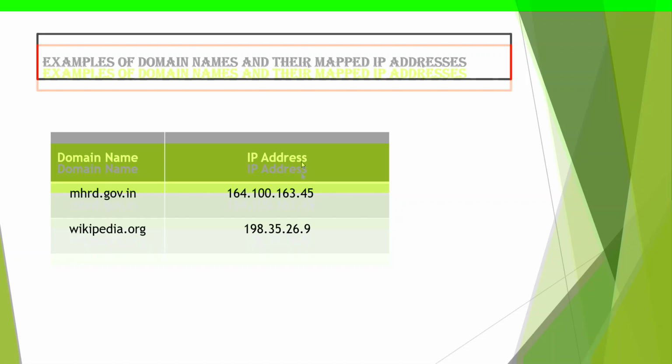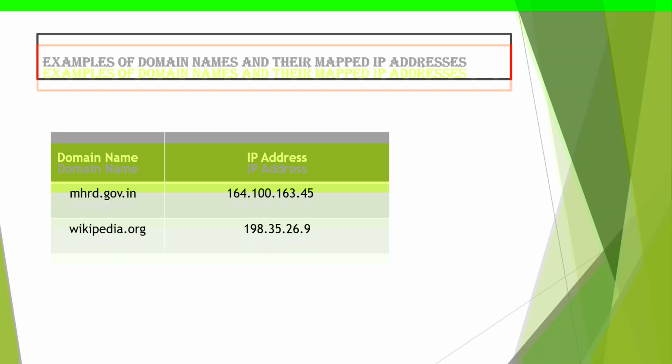This is an IP version 4 address. There are two domain names here, wikipedia.org and MHRD government.in. These are good examples of hosting domains and their mapped IP addresses.